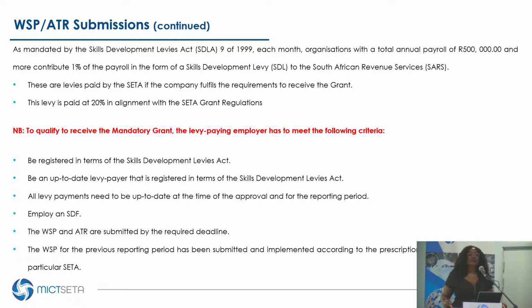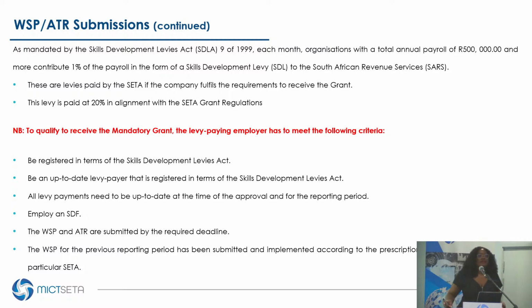That payment, or those payments, must be consistent for 12 months for you to be able to claim the 20%. Should you miss a payment on the 1%, you will not be able to get your tranche payment or part of your 20% back. The 20% is paid back in 4 tranche payments, so there's one payment a quarter over a period of 12 months.